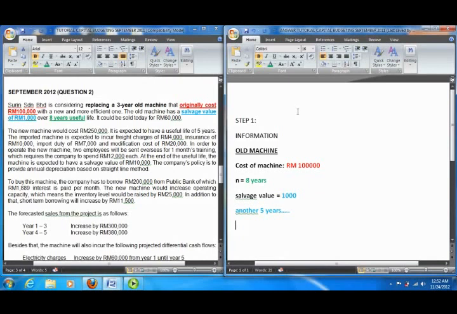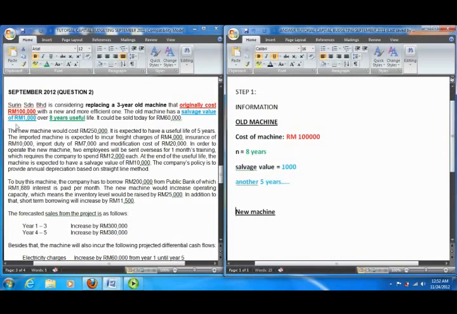Now, we extract information for the new machine. The new machine will cost 250,000. Cost is RM 250,000.